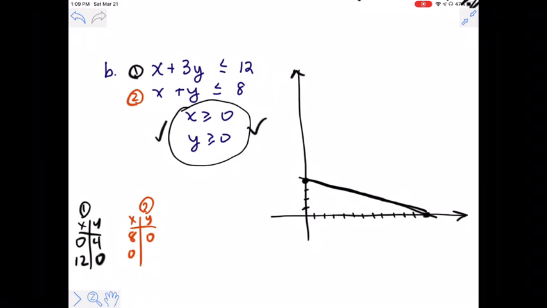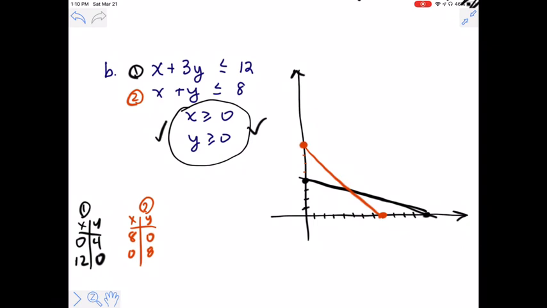So that's my Y-intercept. And then (8, 0). And this is also a less than or equal to, so that means another solid line.